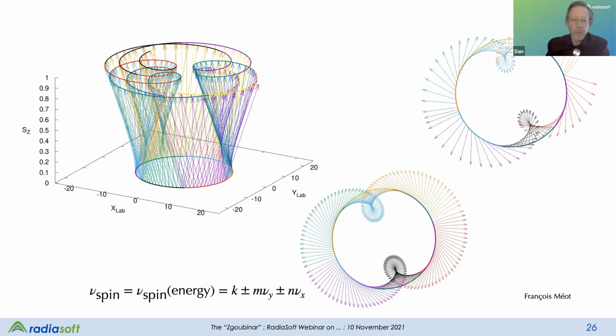From the perspective of the particle rotating about the ring, the spin rotates about its vertical a little under twice. And at the bottom is a similar situation, but one in which the spin precesses slightly faster, completing exactly 2 turns during 1 trip around the ring. The number of such spin rotations is called the spin tune.